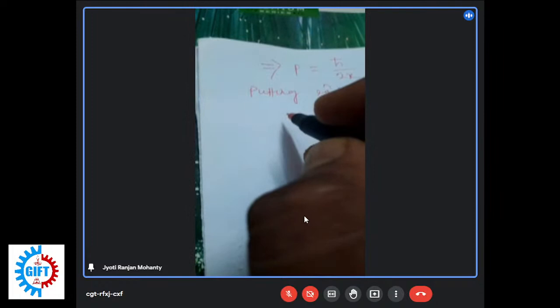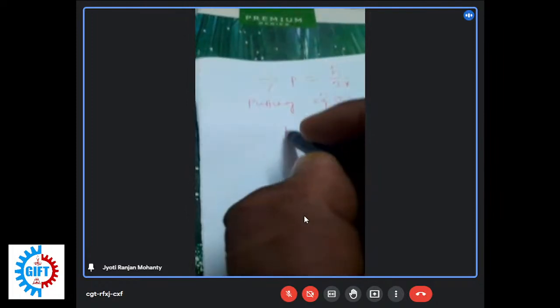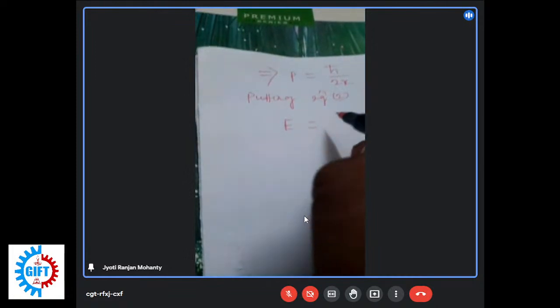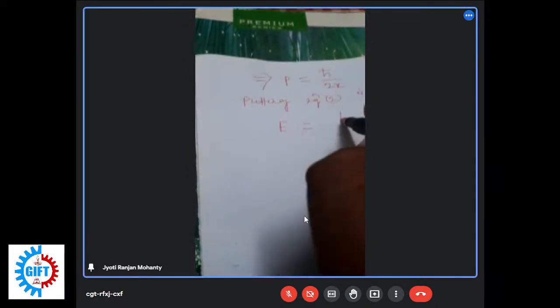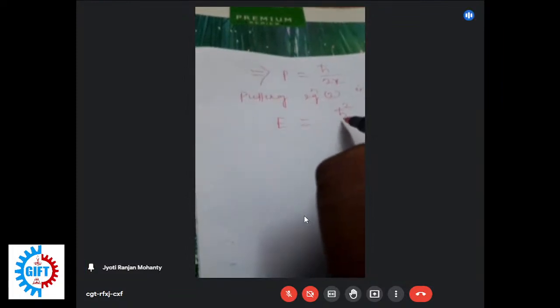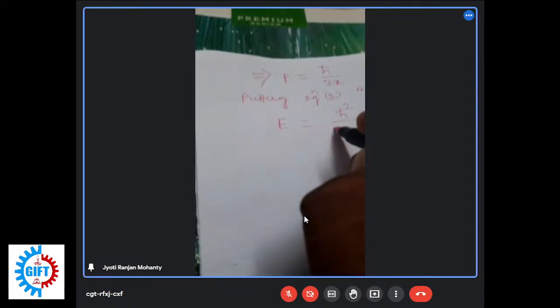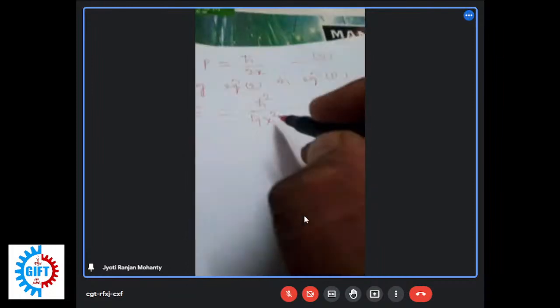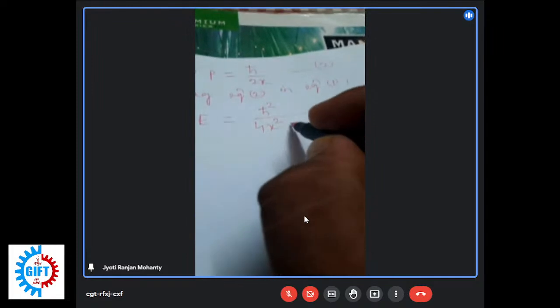what we will get? E is equal to, what is our equation 1? P square by 2m. P square by 2m means that is h cross by 2x, whole square, by 2m, that is h cross square by 4x square. Directly we have to write h cross square by 4x square into 2m.